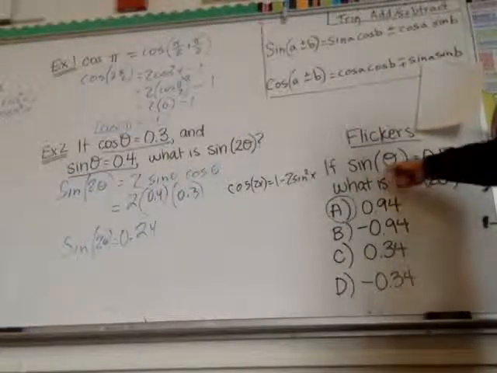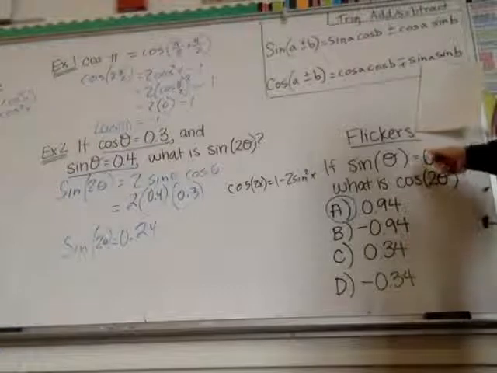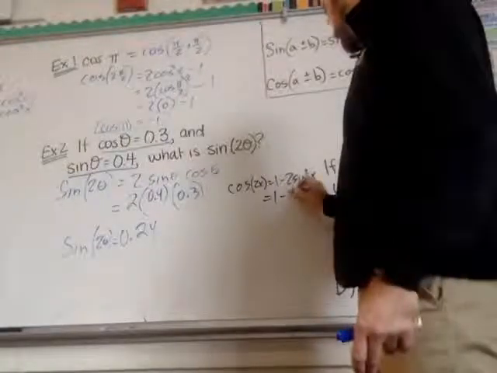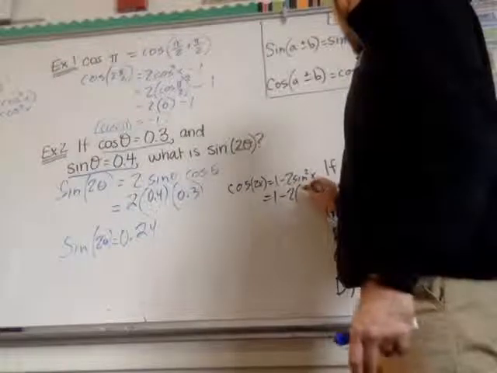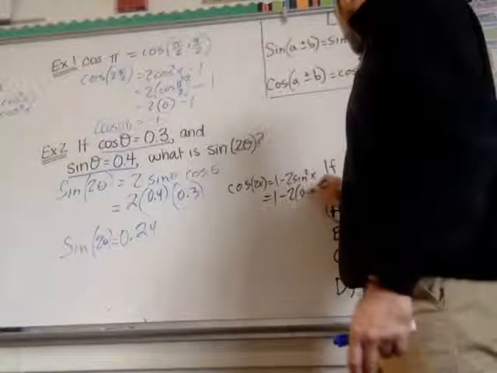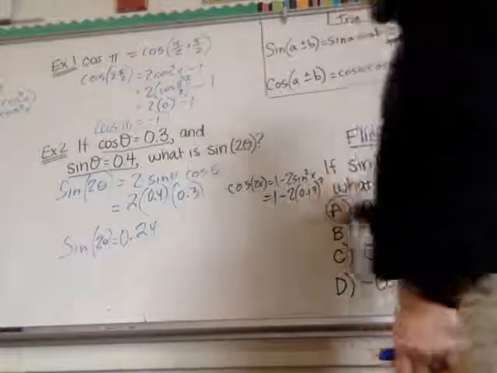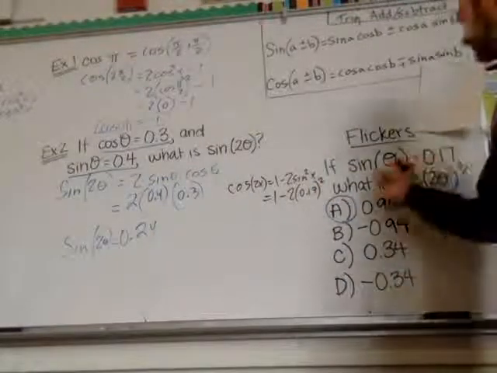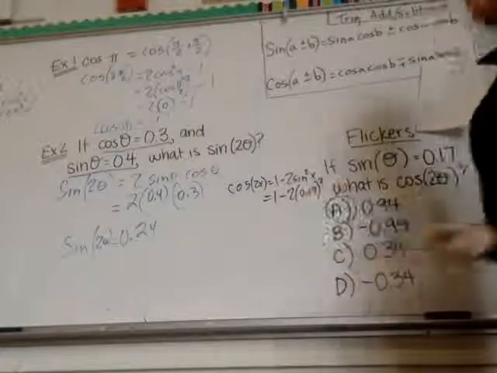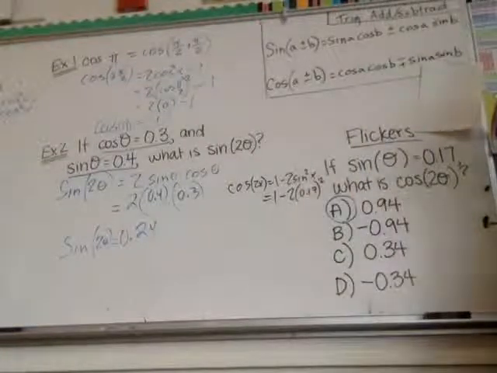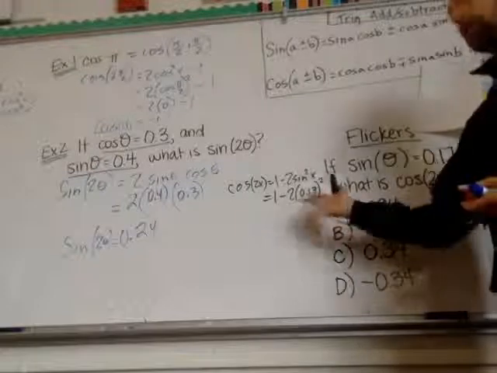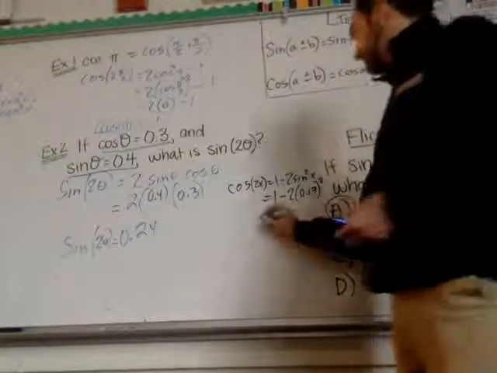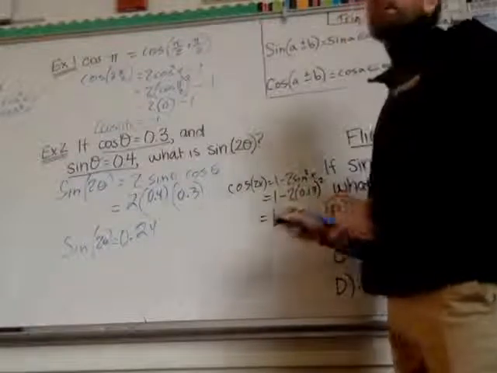Okay, so we're looking at that. Sine of theta is 0.17. So watch your order of operations here. I'm going to split it up a little bit different. So we have 0.17, and then we have to square that. Because the sine of theta is this value, we square it first, right? Exponents before multiply. Square it and then multiply by -2.